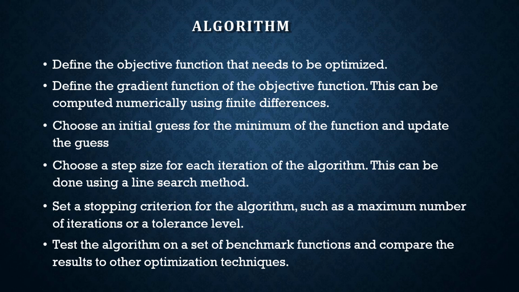This is the algorithm, the steps we have to follow. First we should define the objective function which is to be optimized, and its gradient function. We choose an initial guess of the minimum, then the step size of each iteration of the algorithm, and set a stopping iteration. If we don't have a stopping iteration, we have to continuously keep finding the minimum value.